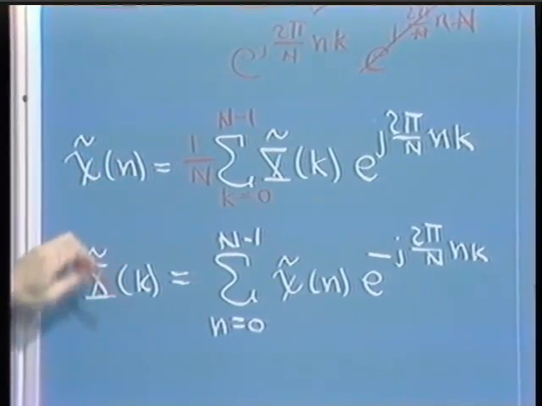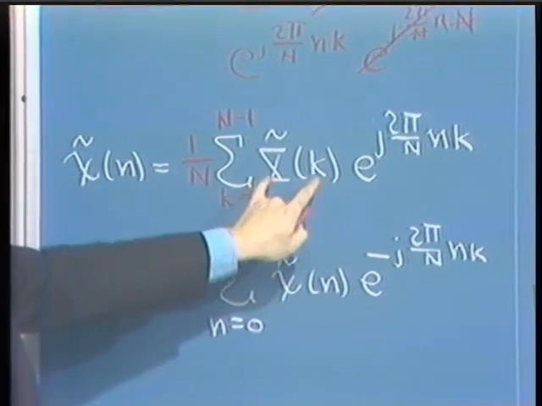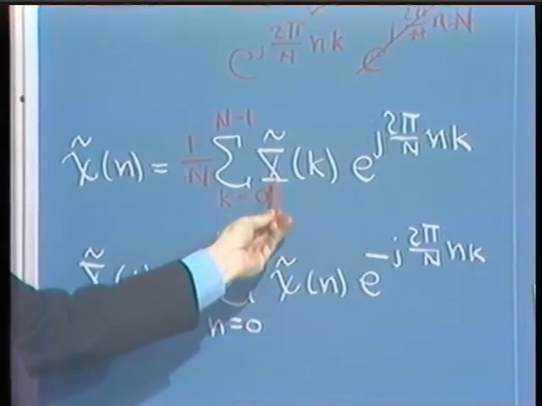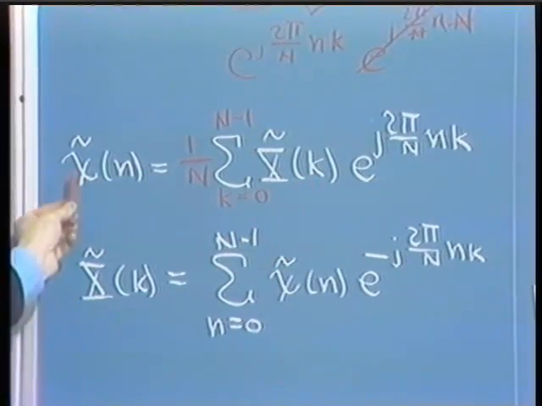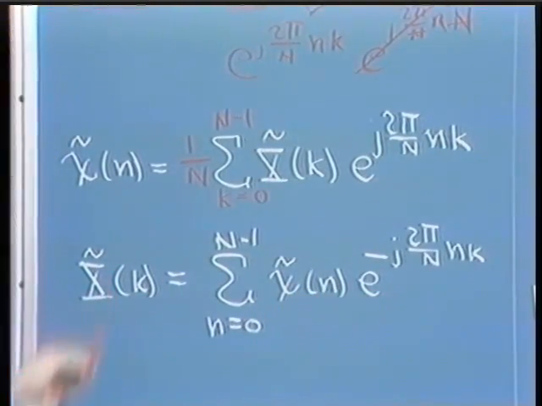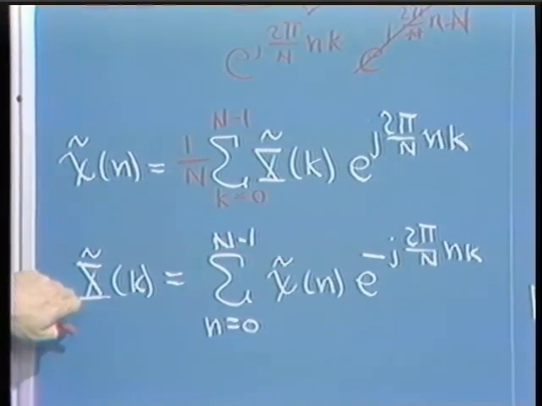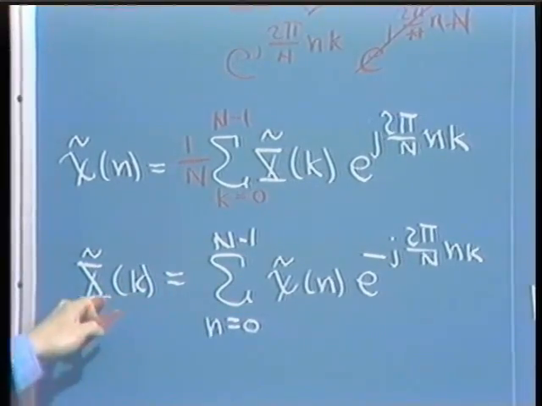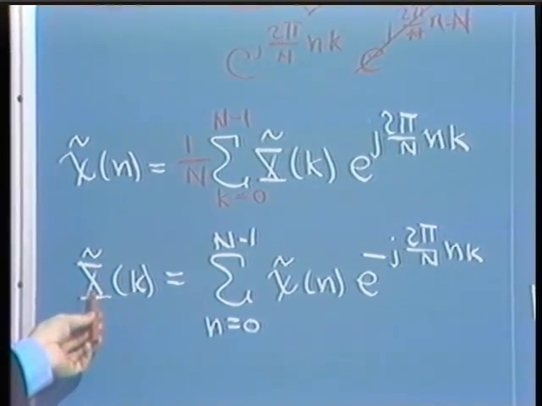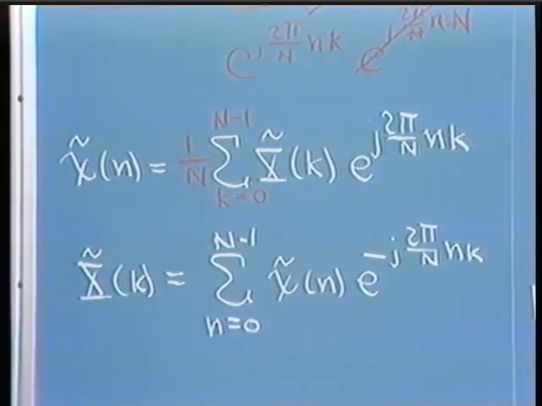It's relatively straightforward to show that you can obtain the Fourier series coefficients, x tilde of k, from x tilde of n through an inverse relationship, which is the relationship that I've indicated here. So this is then, in essence, the inverse discrete Fourier series, or equivalently, the relationship for obtaining the discrete Fourier series coefficients from the periodic sequence x tilde of n.